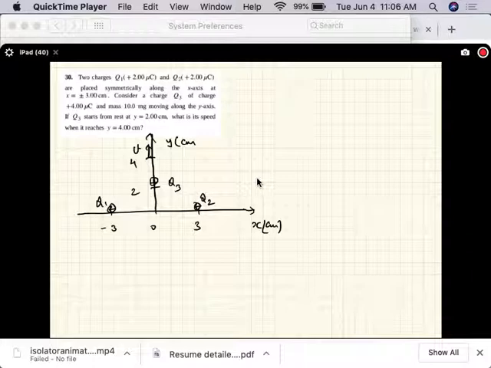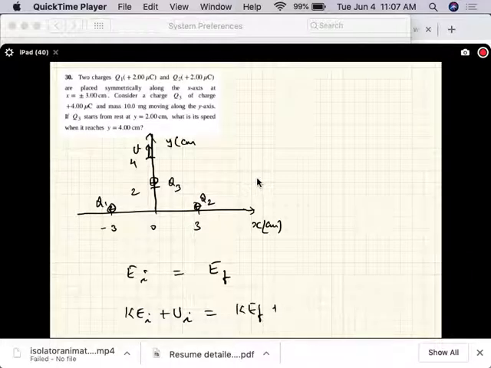Now, this is the initial configuration. When Q3 is there, that will be the final configuration. Since mechanical energy is conserved, energy in the initial configuration is equal to energy in the final configuration. Kinetic energy initial plus potential energy initial equal to kinetic energy final plus potential energy final.